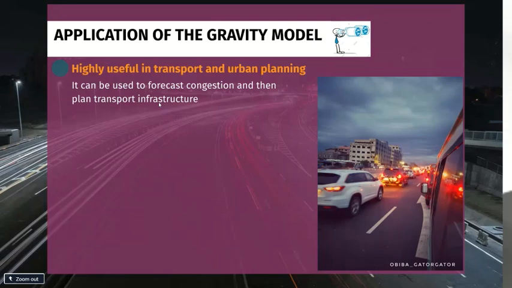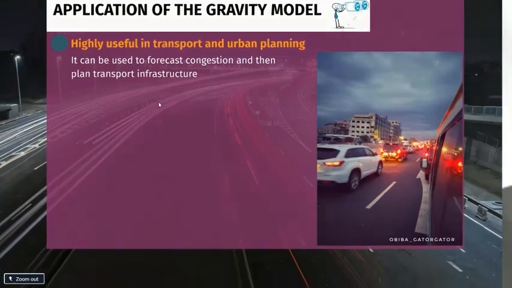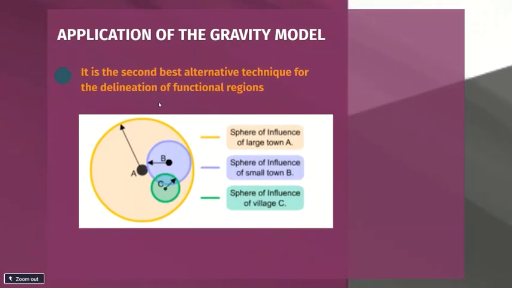So we can use the gravity model to predict that in 10 years time, this will be the population of Accra and Kumasi, and so we want to construct a road that will link Accra and Kumasi. If we can get this forecast, then we can also estimate the flow of traffic between Accra and Kumasi in 10 years time, and we can use this knowledge to decide the width or the capacity of the road that will link Accra and Kumasi.